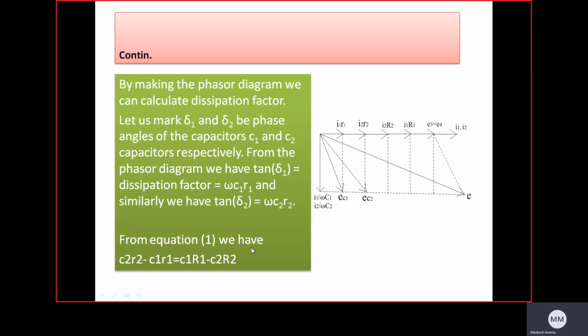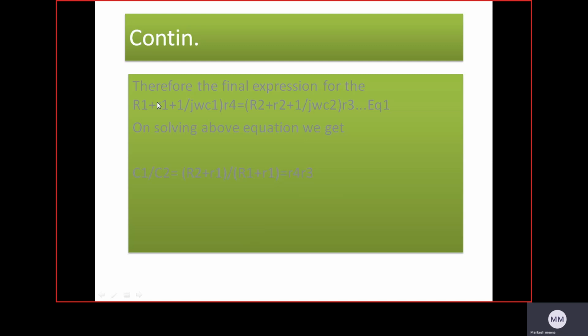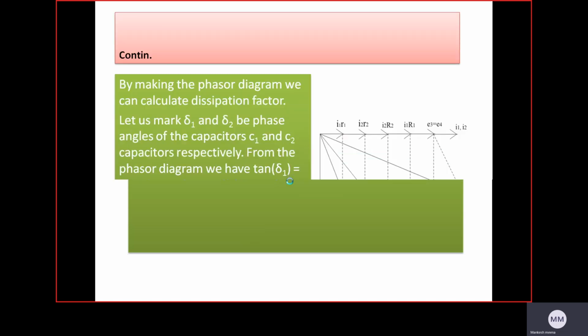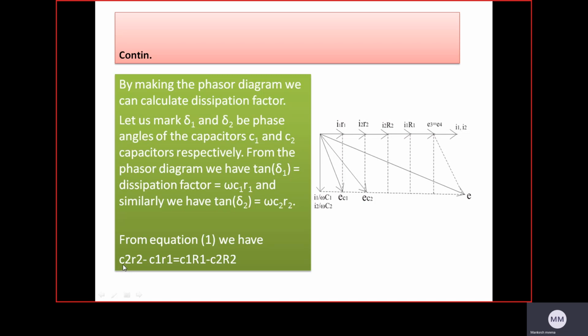From equation 1 we have R1 plus r1 plus 1 upon j omega C1, multiplied by r4, equal to R2 plus r2 plus 1 upon j omega C2, multiplied by r3. From this equation we get C2 r2 minus C1 r1 equal to C1 R1 minus C2 R2.